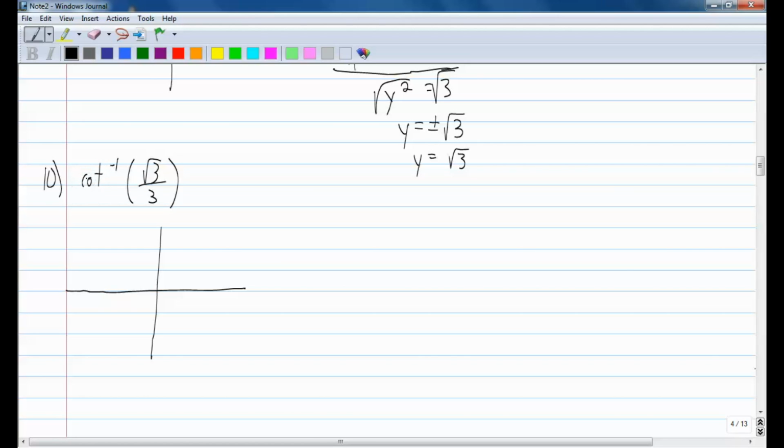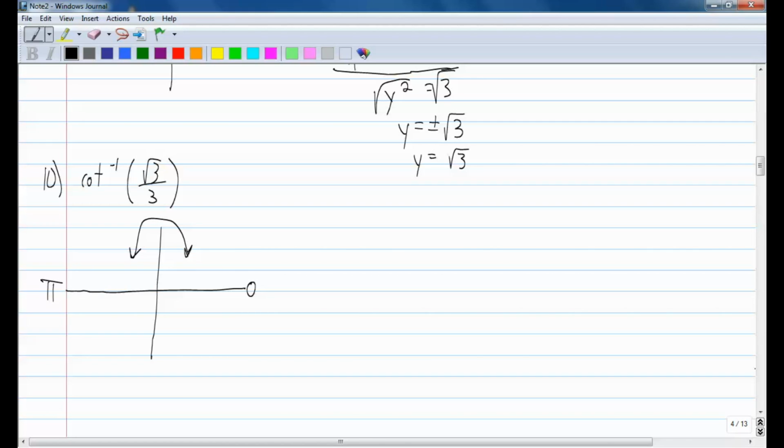Remember, tangent and cotangent are reciprocals of each other. But inverse cotangent is not defined like inverse tangent, unlike the other reciprocals. Inverse cotangent is defined between 0 and pi.